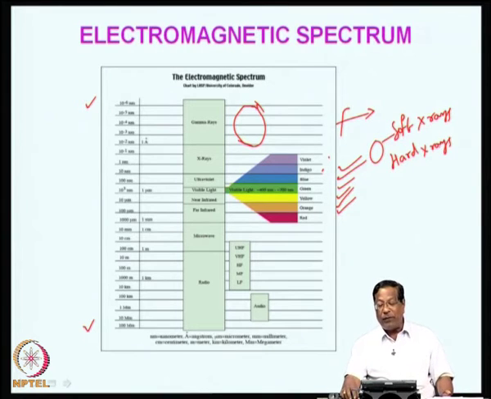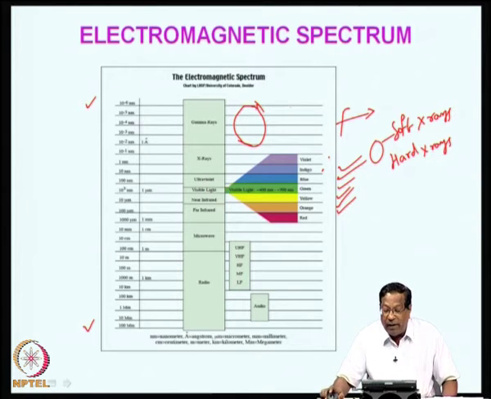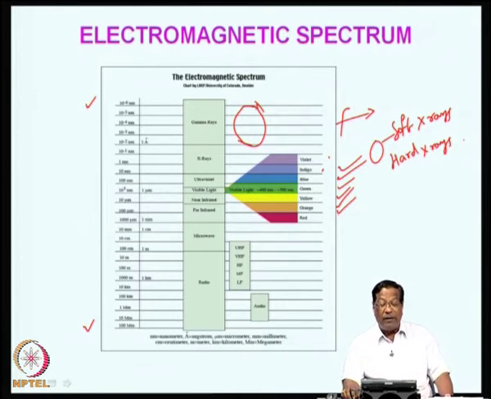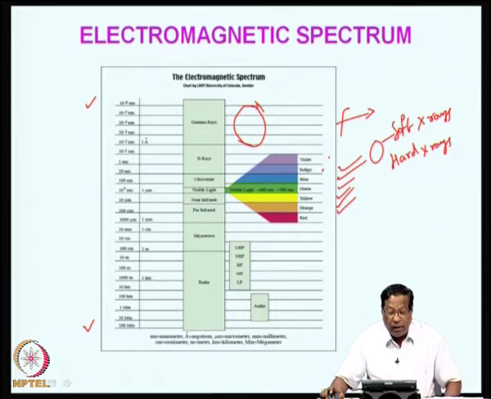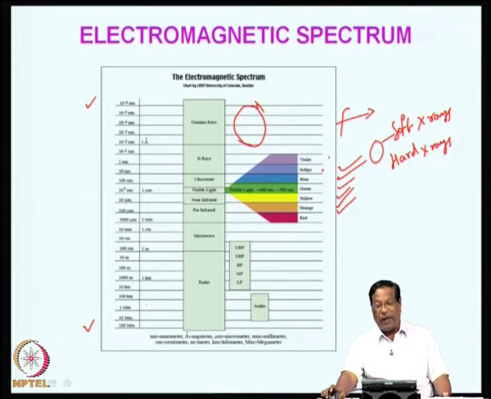Soft X-rays are used in medical science for imaging bones and tissues, etc., and hard X-rays are used for the determination of metals. After the X-rays come ultraviolet rays.